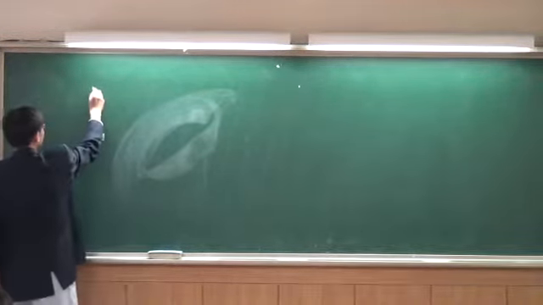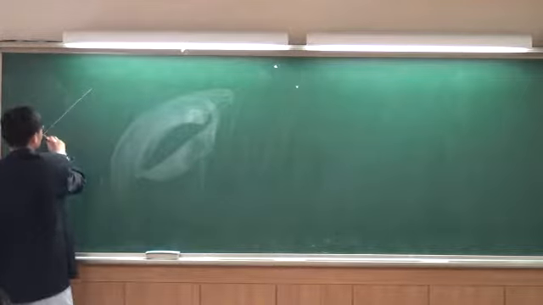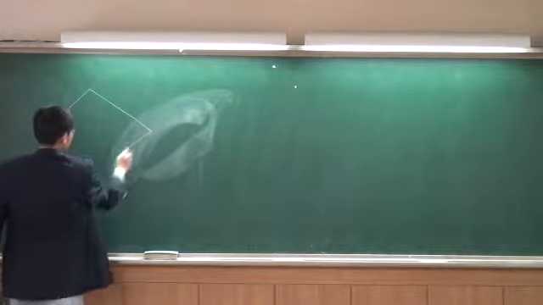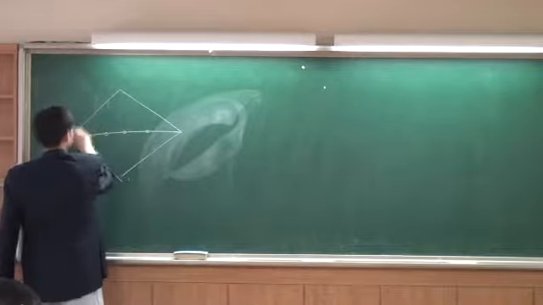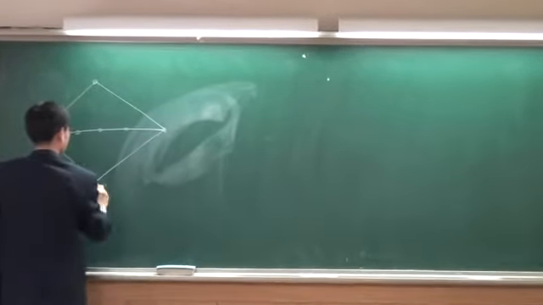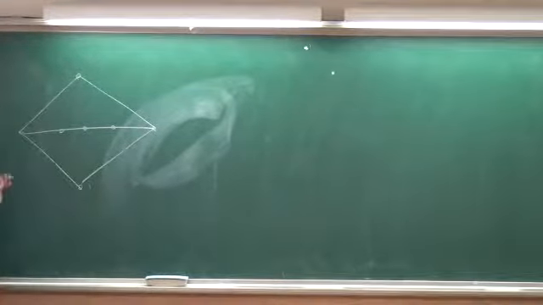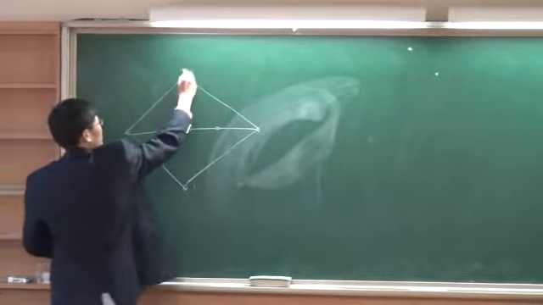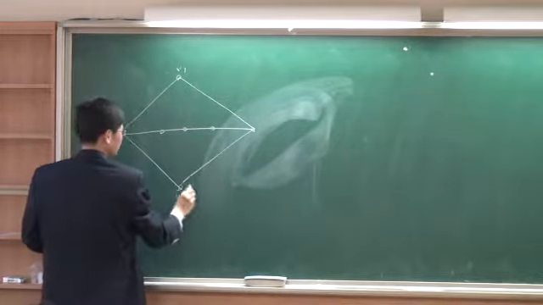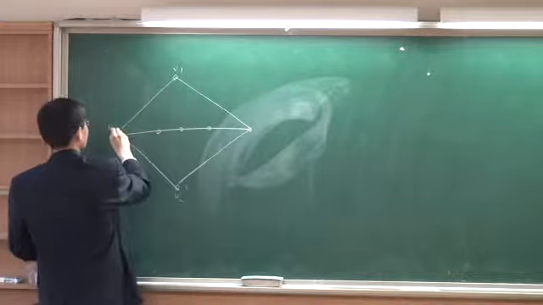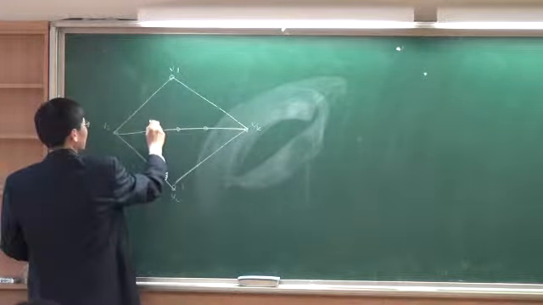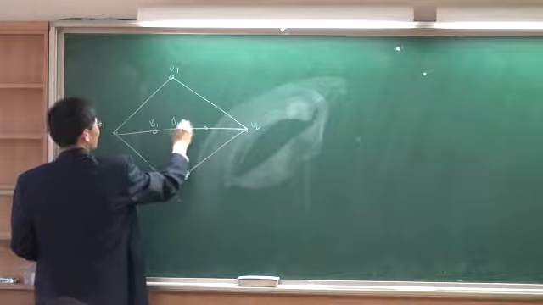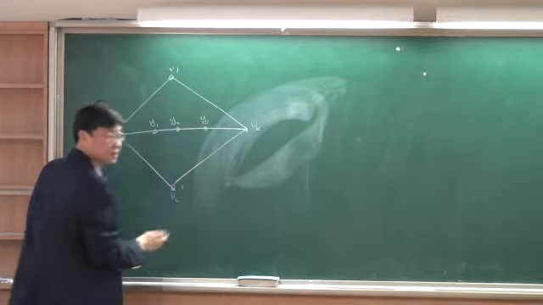Okay, maybe this is better. This example will be used again. Here we have vertices V1, V2, V3, V4, and then Y1, Y2, Y3.